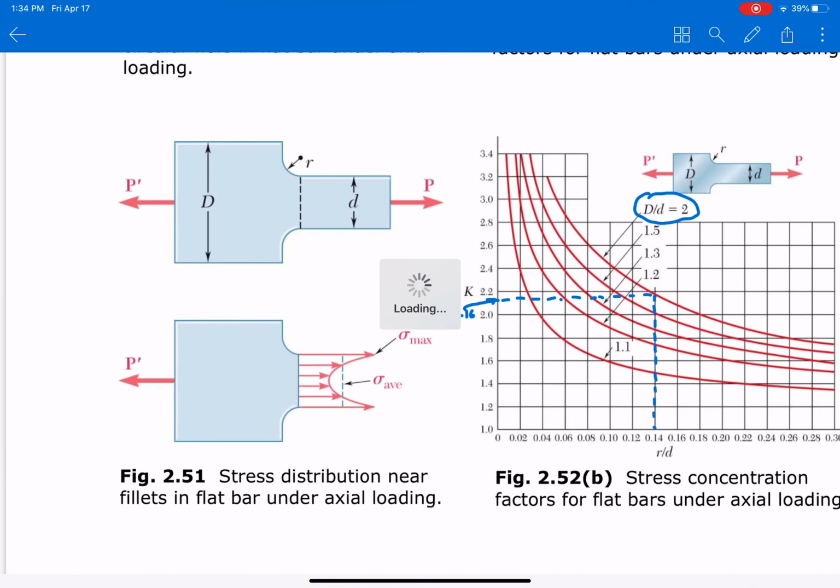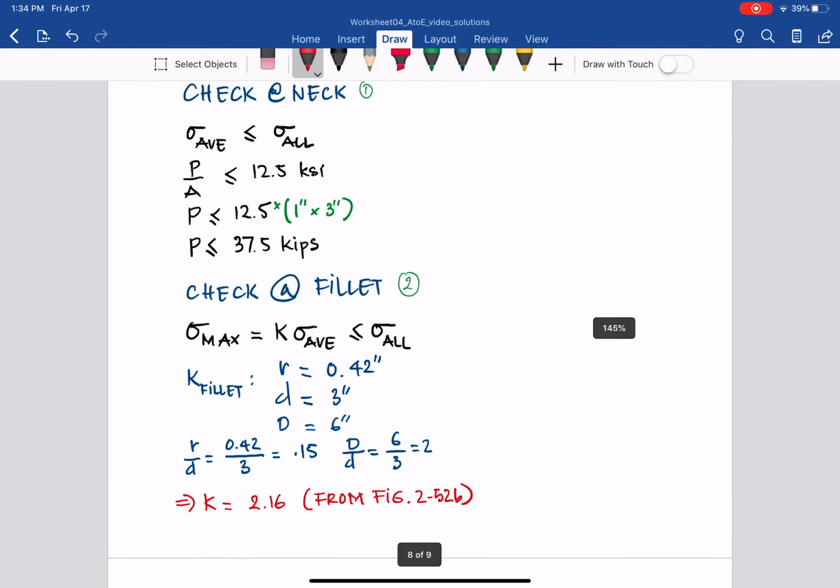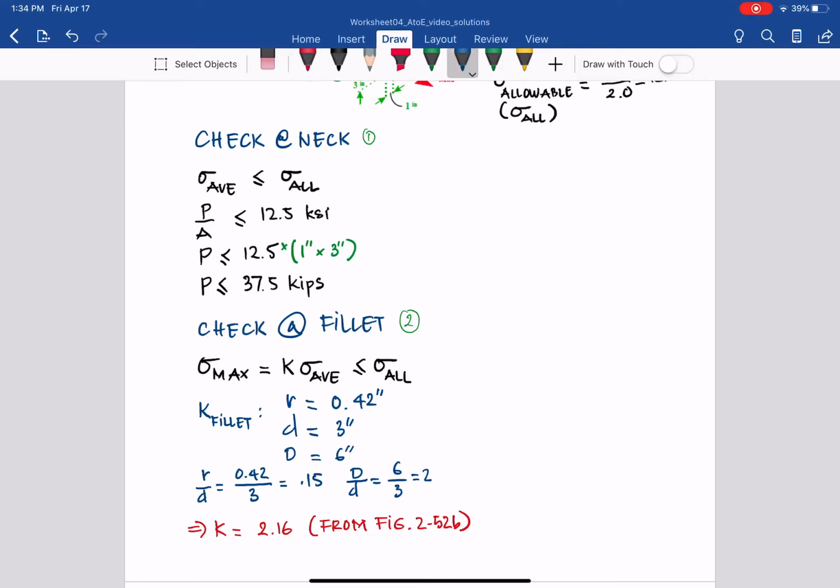Yep. So with that, go back here, and continue with the fillet.